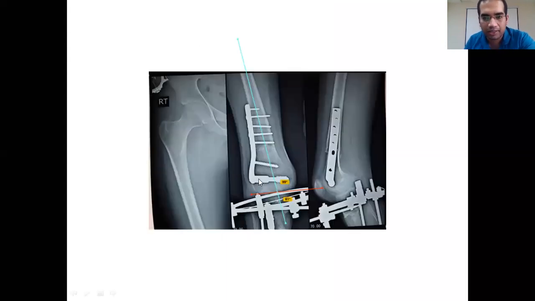So what I did was a dome osteotomy. I will discuss the dome osteotomy; it is another important aspect, how to do a dome osteotomy. I corrected the axis of the distal femur using a DCS device. The lateral distal femoral angle has been restored to 81 degrees.